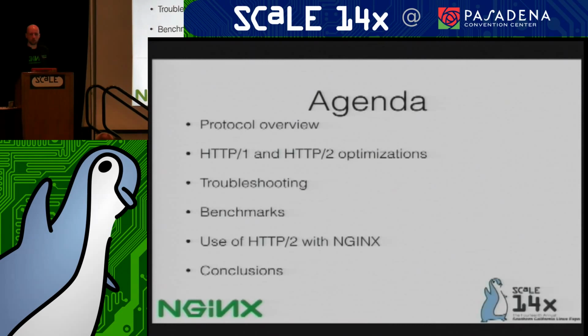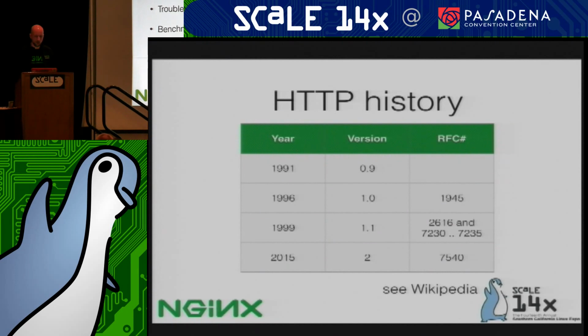And obviously, I made my own benchmark, and I will tell you why mine is better than everybody else's. All right, and then we'll talk about how to configure it, how to do that with the NGINX web server, and which features to enable, what kind of configuration and log items to expect.